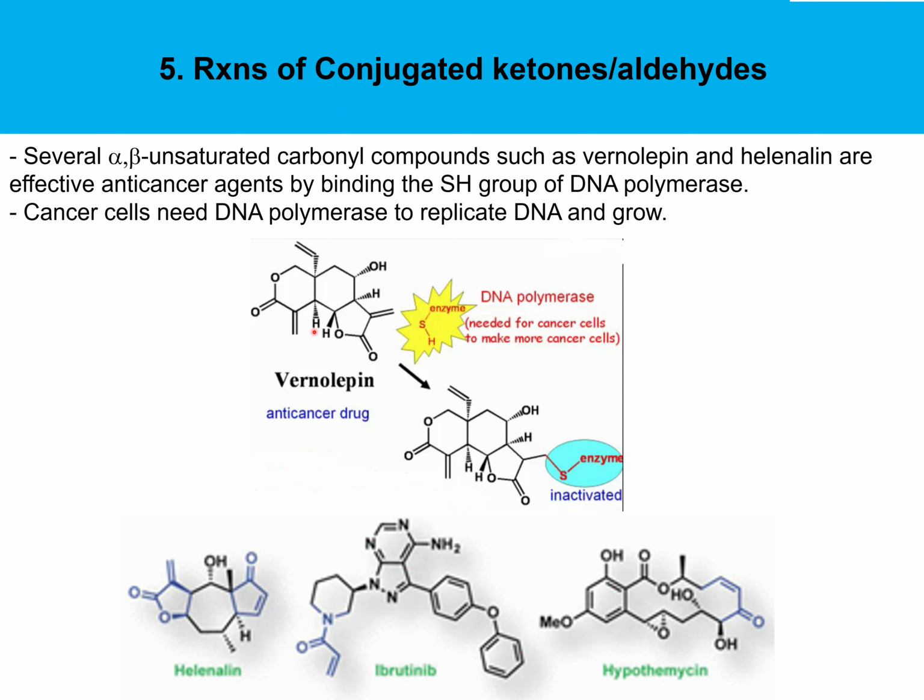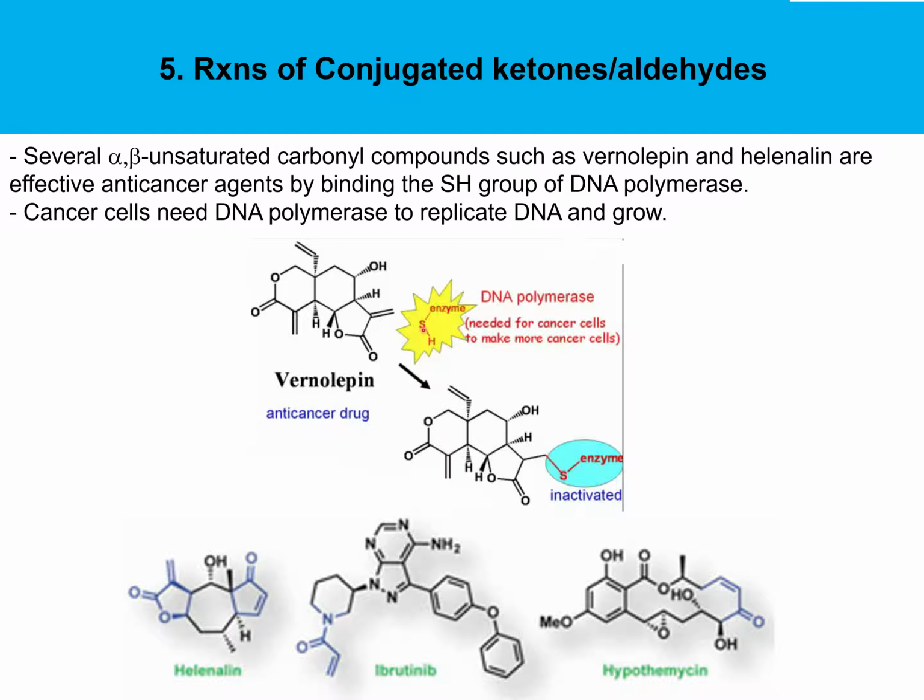These compounds are able to stop cancer by the fact that DNA polymerase contains a thiol group, which is a key nucleophile in the polymerization of DNA, and therefore is very important in the spread of cancer or the replication of cancer cells.